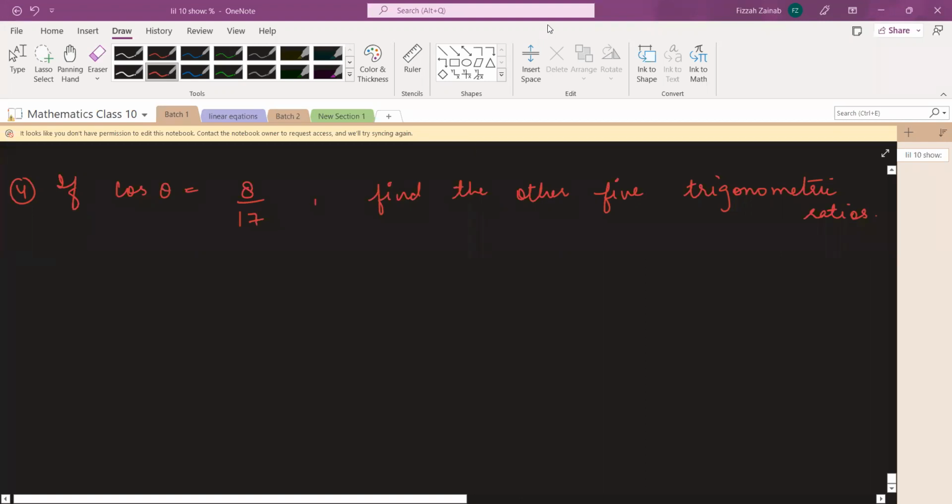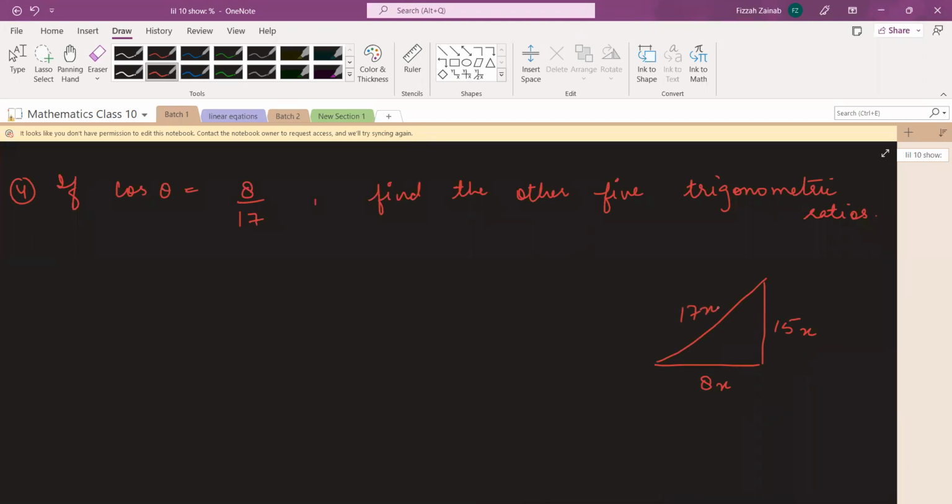Done. Okay, so if I draw a triangle, the perpendicular is 15, and base is 8, basically 8x and 15x, okay, this will be 17x.